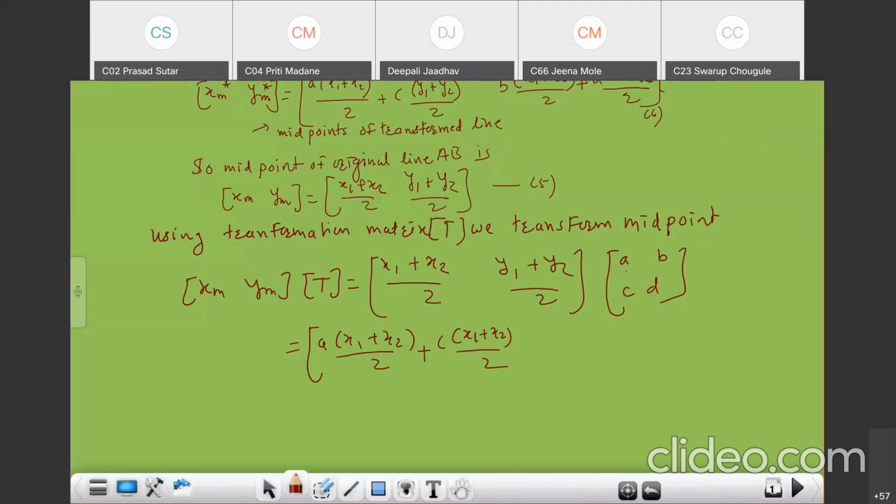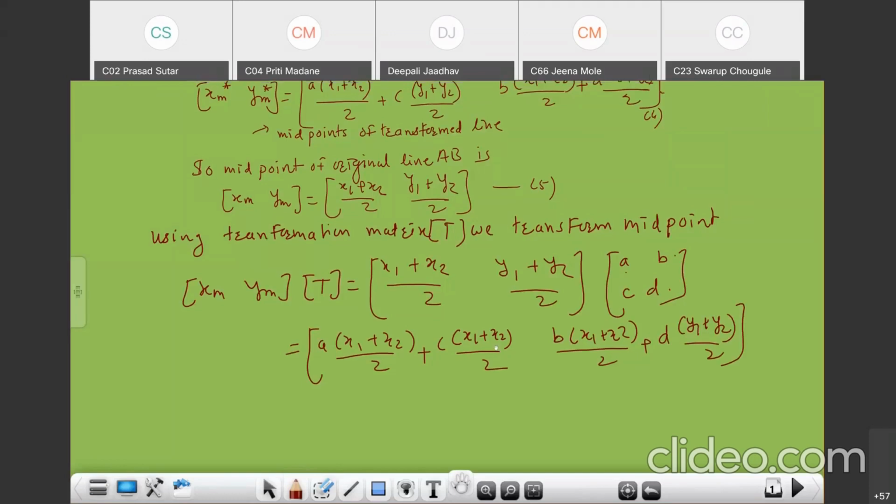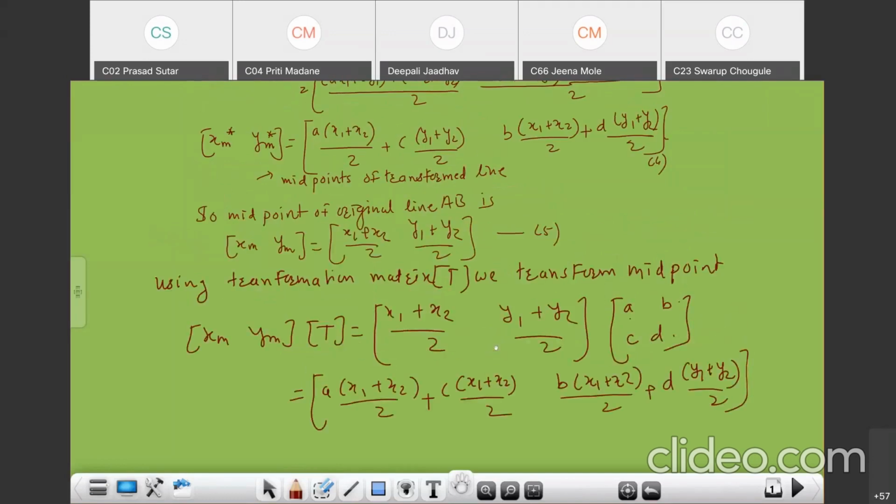Now multiply this row with the second column B and D. So it is B of x1 plus x2 divided by 2 plus D of y1 plus y2 divided by 2. This we call equation number, suppose, 6.